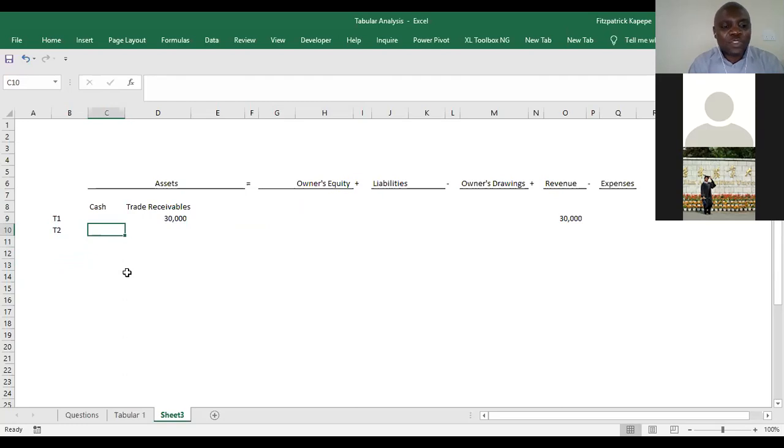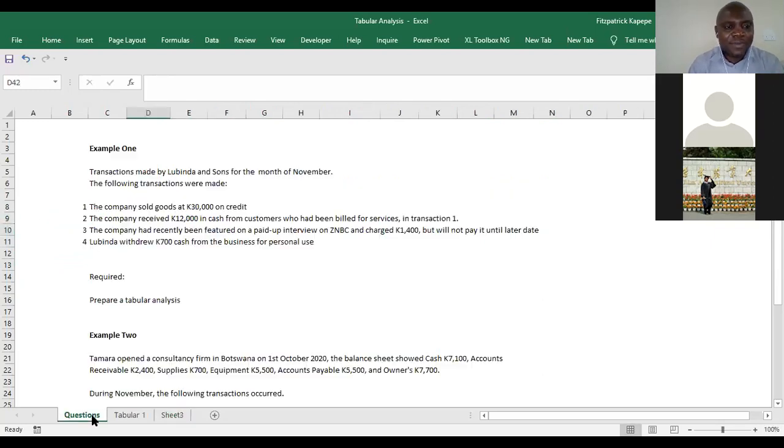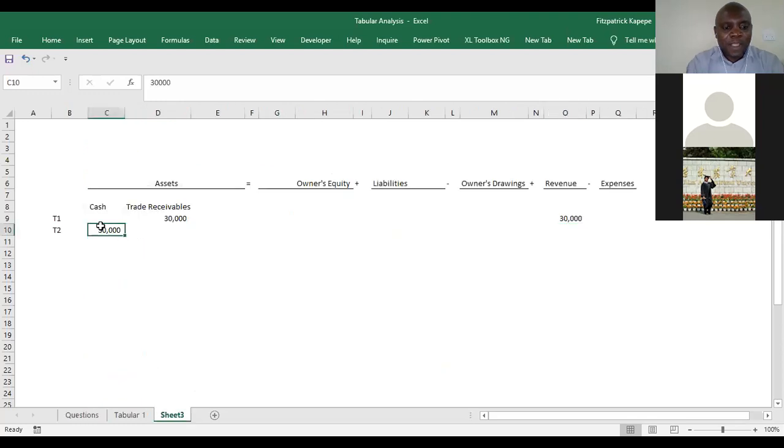We are told there's cash that was received. Let me just check. The company received 12,000. So 12,000 cash comes in. But this 12,000 is coming from revenue, from sales, like this.